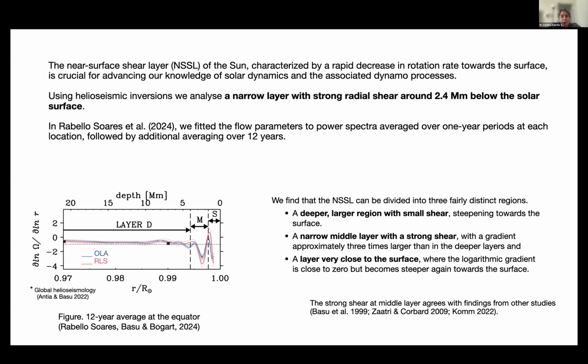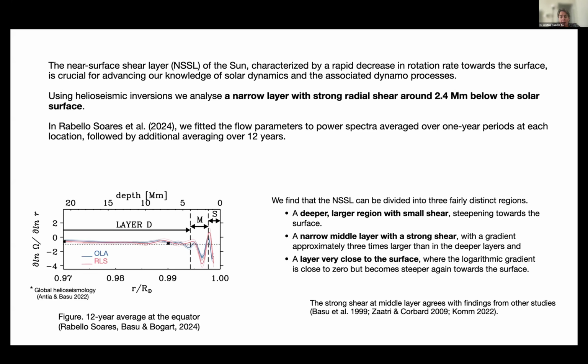So in this paper, we were able to, I think, better characterize especially this layer, the near-surface shear layer closer to the surface. So we divide it into 3 regions: a deeper layer that's larger with a small shear that steepens slightly towards the surface, then a strong shear closer to the surface, and then the shear seems to go to 0 or positive afterwards.